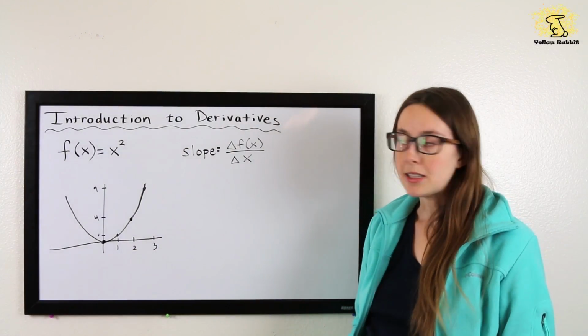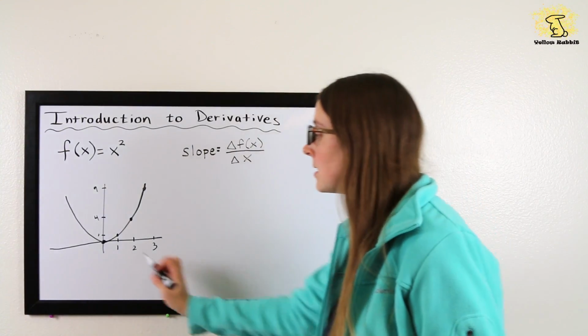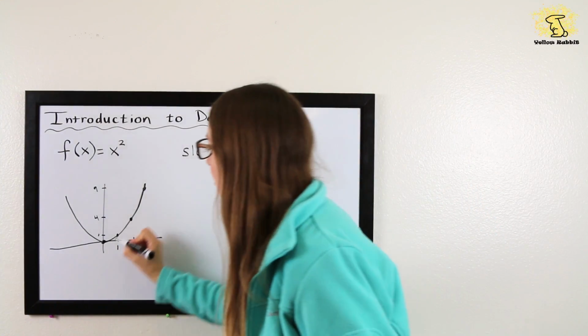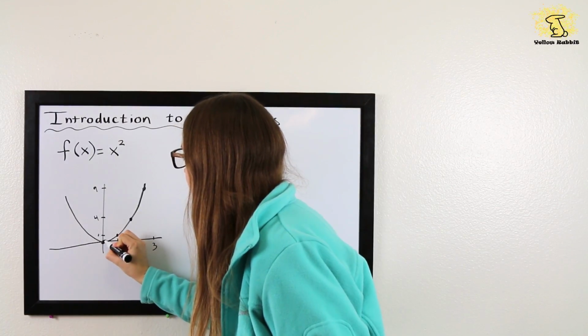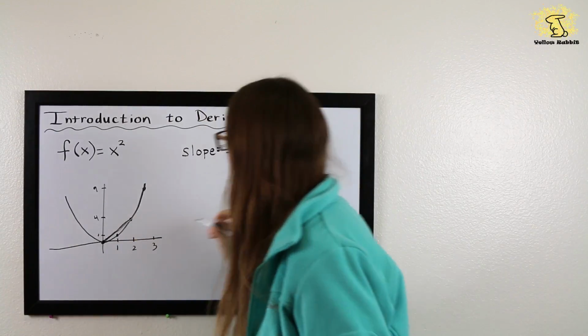So let's say, for instance, we were interested in approximating the slope between the points 0, 0 and 2, 4. So that would be essentially finding the slope of this line here.